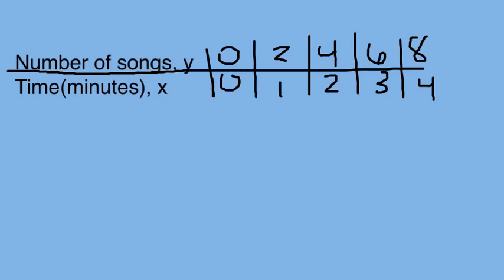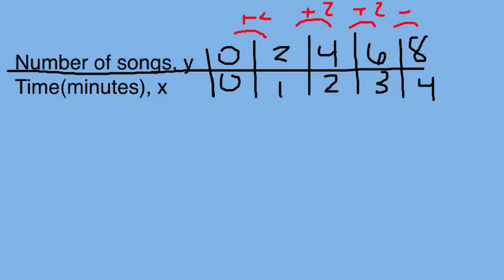We have a table with the number of songs and the time in minutes. We want to find out if this table is a linear relationship. So we're going to look at what's happening between each song. We're adding 2 each time.